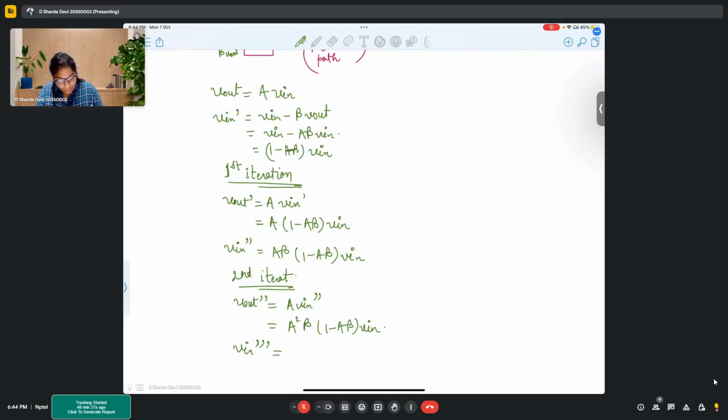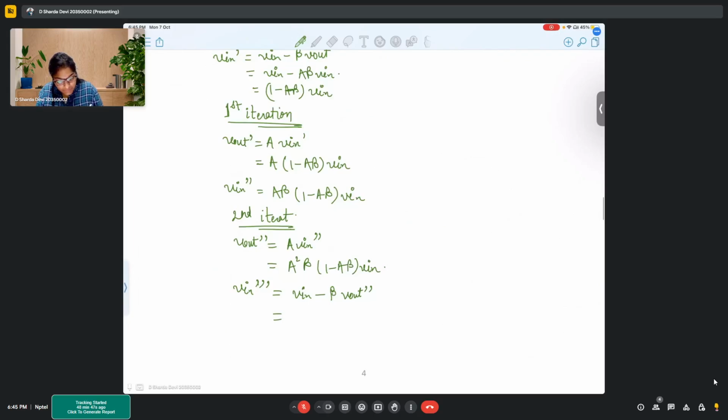becomes V − βV. V_in double dash, so that is V − A²β²(1 − Aβ)V.